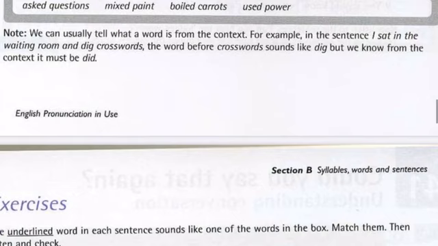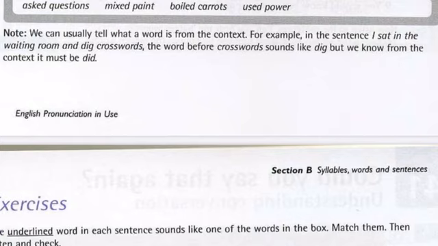So for example, in the sentence, I sat in the waiting room and did crosswords. The word before crossword sounds like dig, but we can know from the context that it must be did, because the word dig in this context would not make sense.